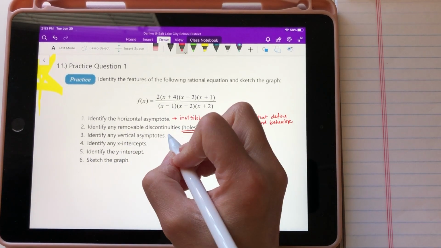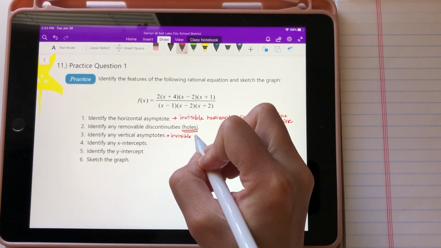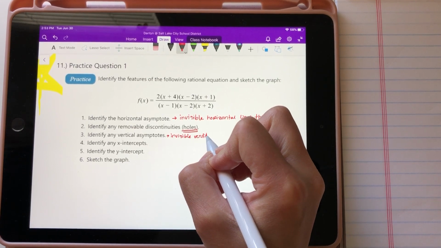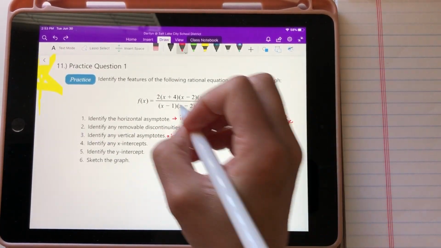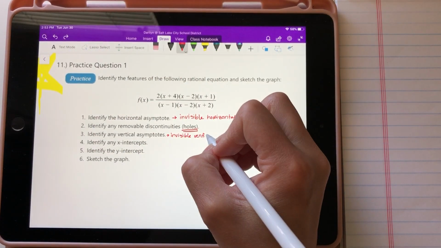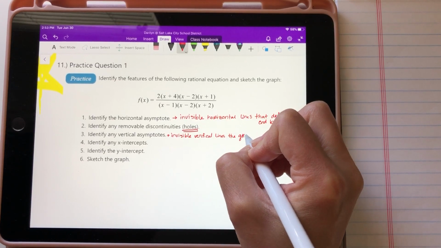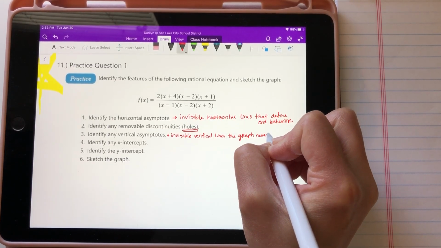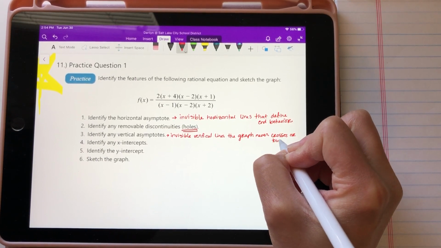Vertical asymptotes are invisible vertical lines the graph never crosses or touches.